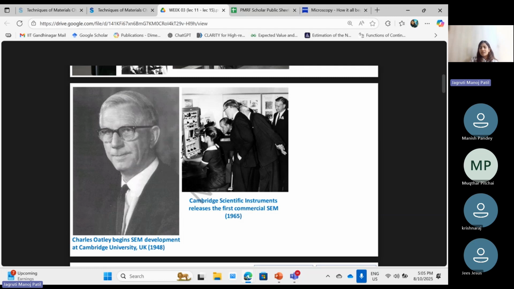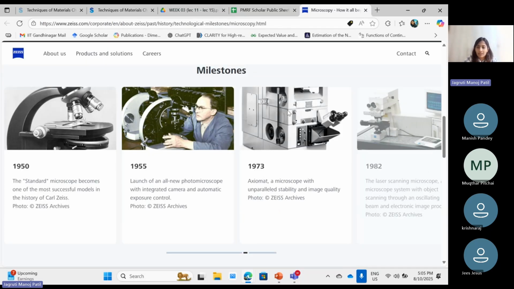He wanted the idea to reach the community, so he made it to the field, and finally in 1965 that came about.